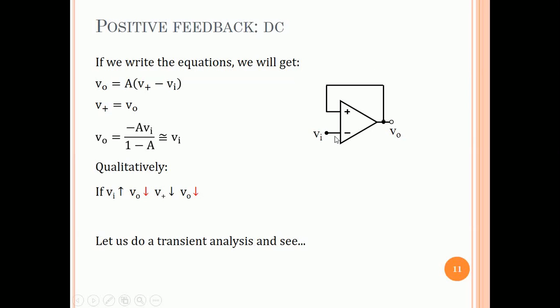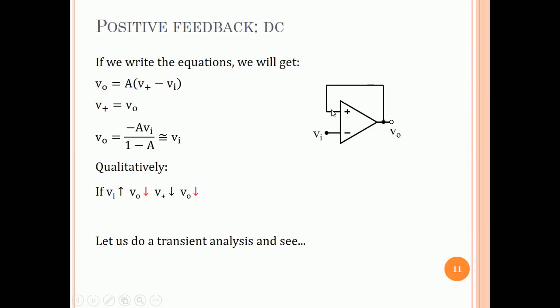I think you know that this is not correct, and we'll see mathematically why. Qualitatively, let us say we apply some input, and it increases. If Vi increases, because this is the negative terminal, VO will decrease. If VO decreases, that is fed back to the positive terminal, so this decreases VO further.